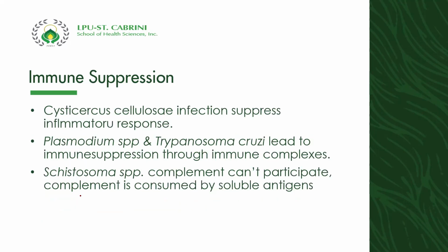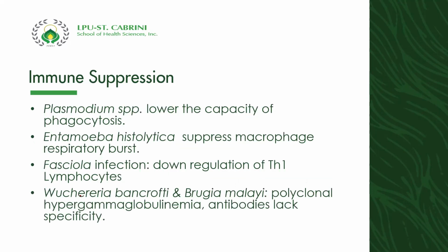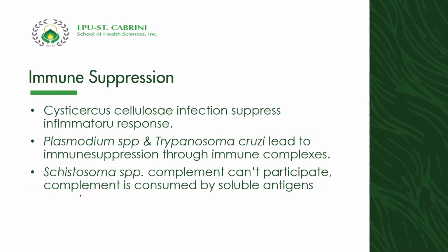And remember that the blocking of antibodies produced by several parasites, like what I've mentioned a while ago, Wuchereria bancrofti, can also dampen the effect of immune response. For Necator americanus infection, the immune response is directed against the deeper layers of its cuticle.